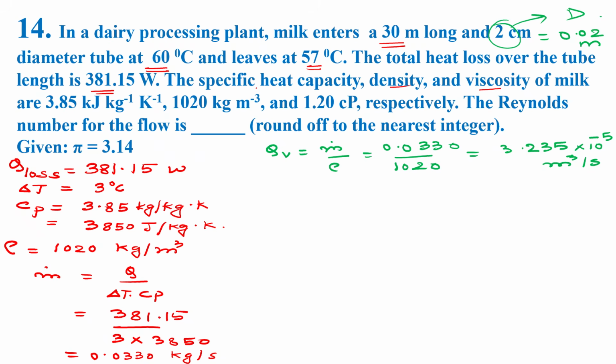Diameter is given to us, so it will be pi d square by 4. We'll put the value. Pi value is given to us 3.14 into d is 0.02 whole square by 4, and it is equal to 0.0000314.